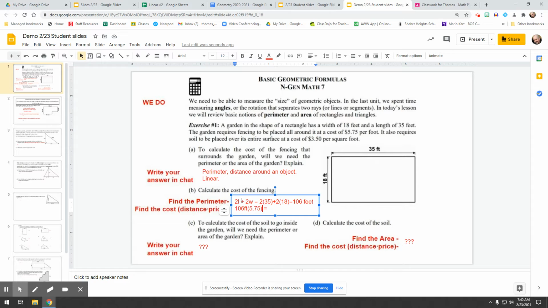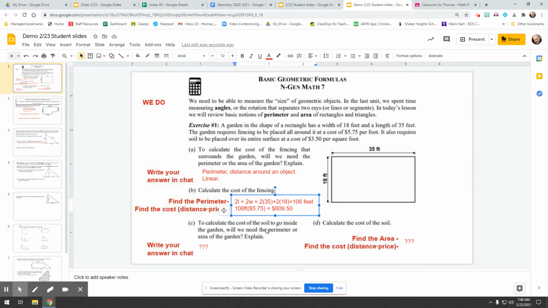And I might even throw the dollar sign in here so that I have the units and I know exactly what I'm talking about. So grab a calculator and calculate that. What is the total cost? Good. So you should have gotten $609.50.